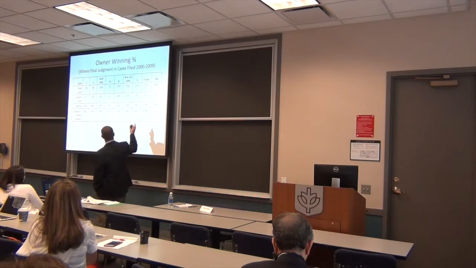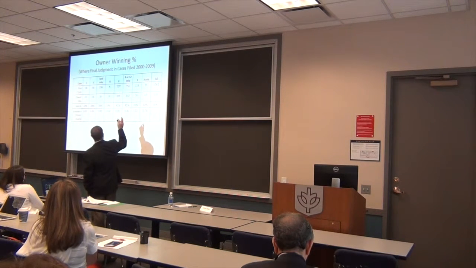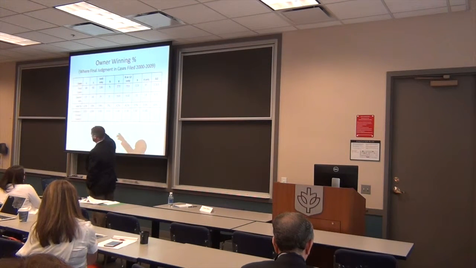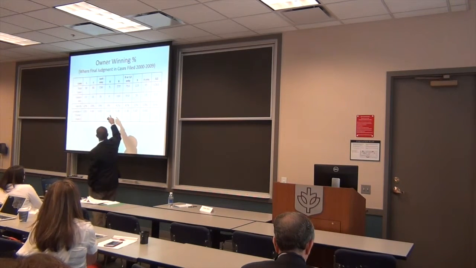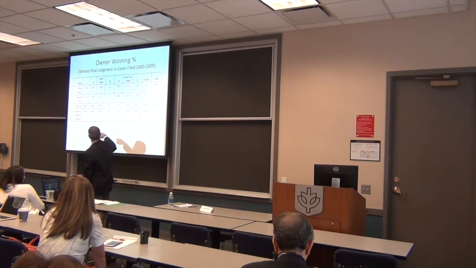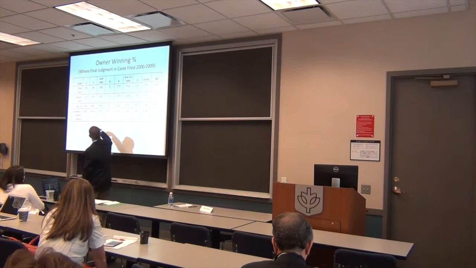And when we look here, from 2000 to 2009, when there was a final judgment, 8s won 40% of those, whereas these other non-practicing entities won more like 20% of cases that had a final judgment.